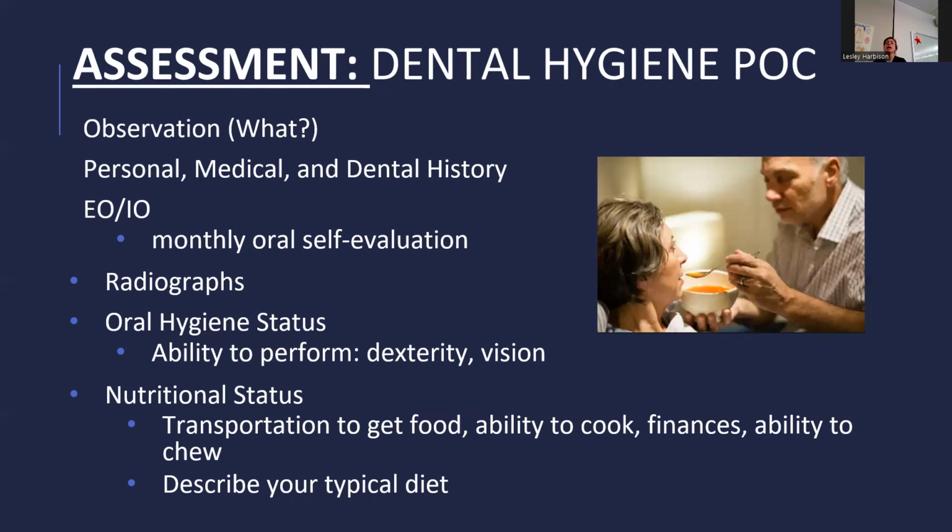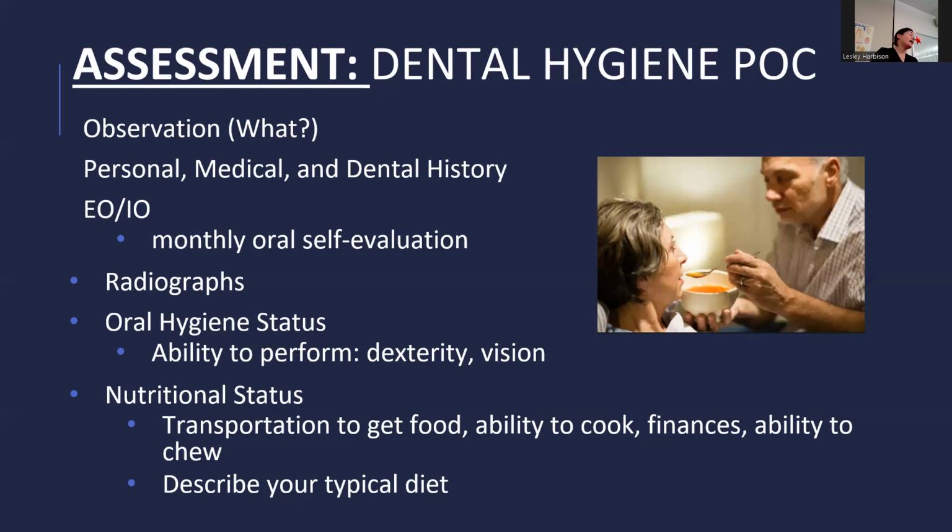And then oral hygiene status, ability to perform, dexterity and vision. So you really want to consider what their capabilities and limitations are with dexterity. And then nutritional status, transportation to get food, ability to prepare healthy food. There are so many things to think about when caring for somebody that's older, especially if there are lots of comorbidities.